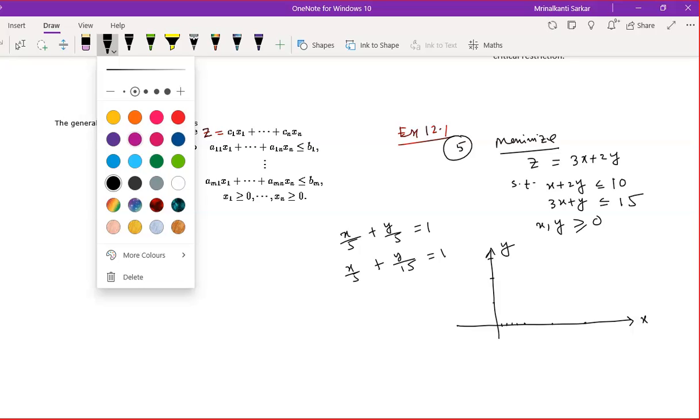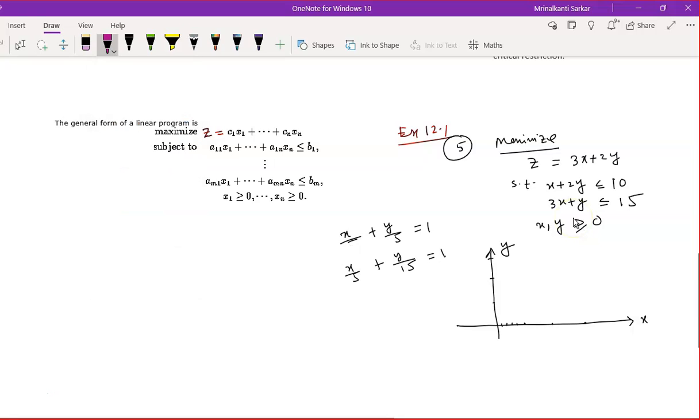First one is x by 10 plus y by 5, right? So this one is 10, 0, and next one is 0, 5. So the graph of this is to be considered.